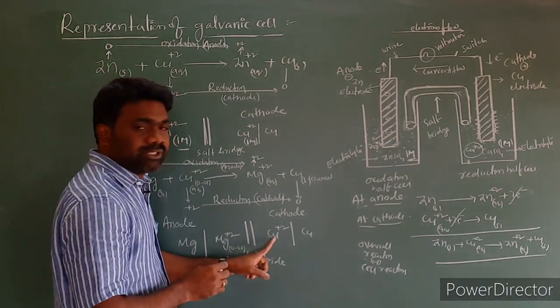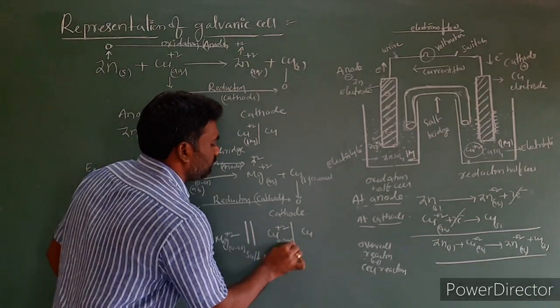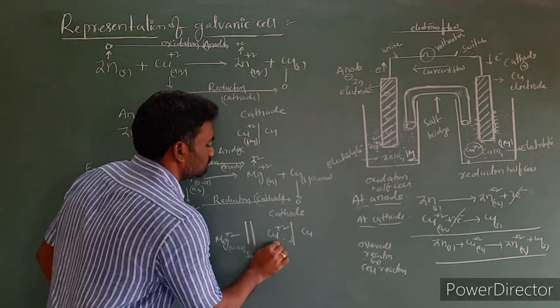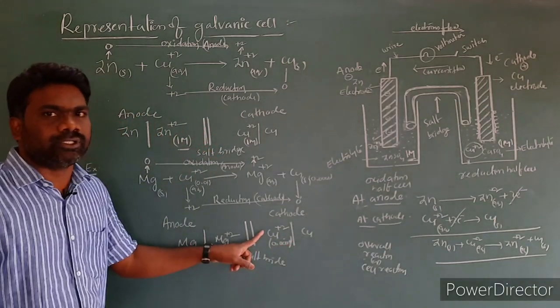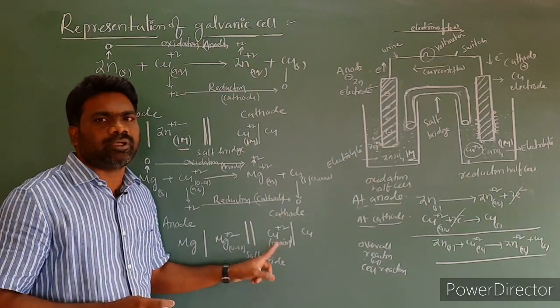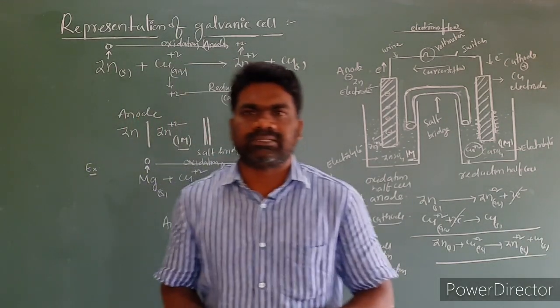Here also the concentration of Cu2+ is what I have given, 0.0001. So this is the representation of a galvanic cell.